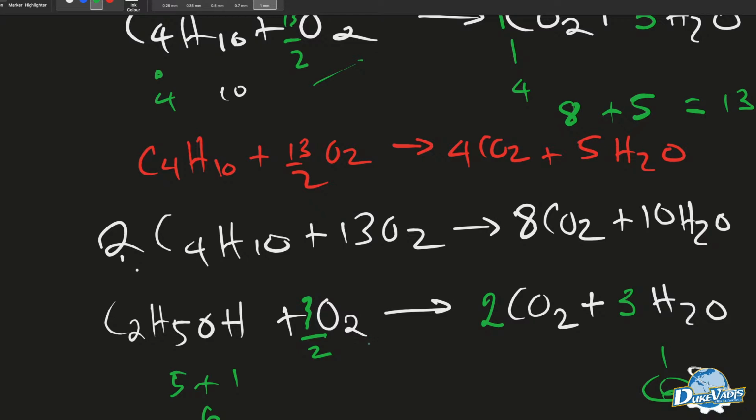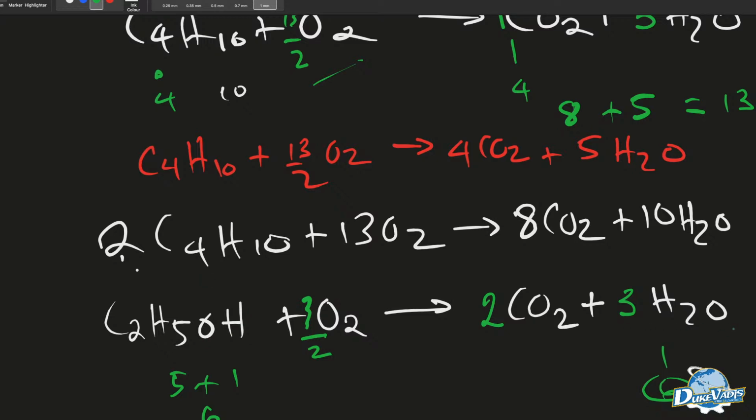So when we balance the equation, on the left-hand side, we have oxygen to be 6, because this will cancel this. So 3 plus that 1 will make it 6. And here will be 6.